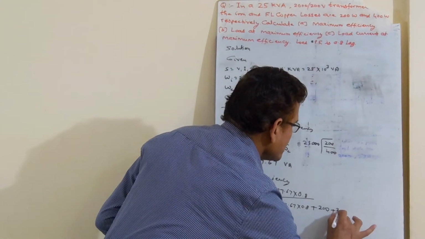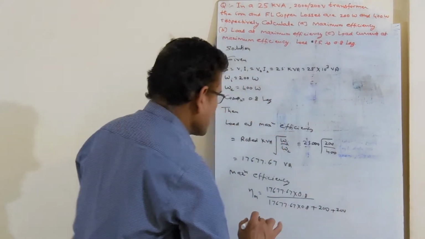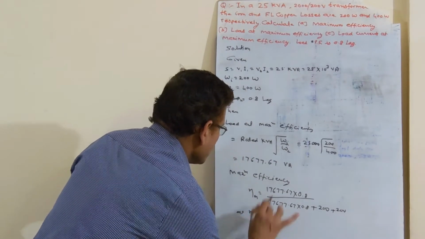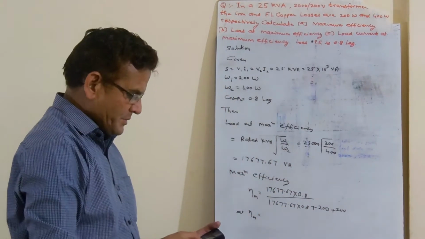So copper loss is also 200 watt, and this gives the value of maximum efficiency.